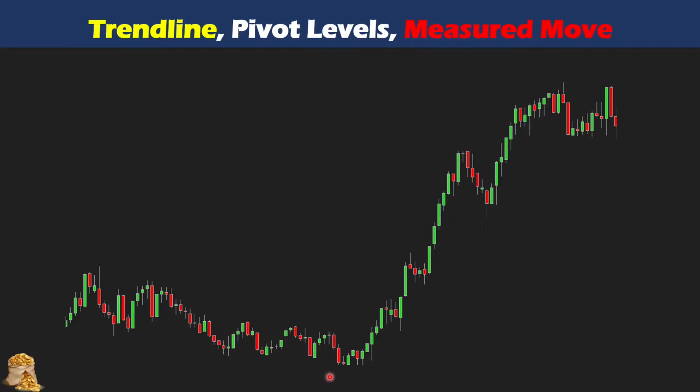Let's measure first the distance of the first leg. We measure from the bottom of the first leg, which starts with the first bull bar here, until the top of the first leg finishes. So you can see this is the distance for the first leg. And if you're trading the pullback here, you can see that this is the signal bar.